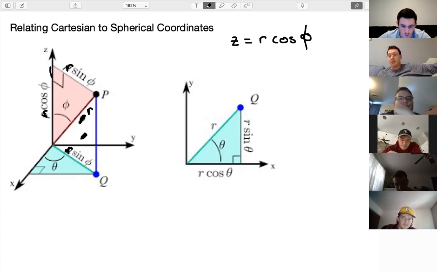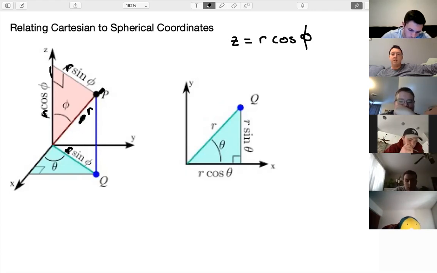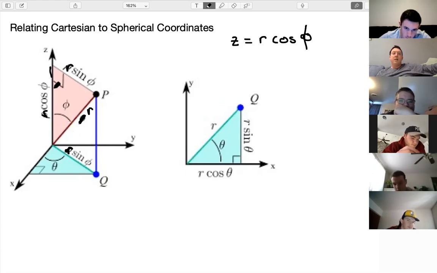I will be consistent though, so I won't change through the semester. r is the radius in spherical coordinates. So we're shooting for a relationship so you can go back and forth between them. So we've got a third of it. If I know r and phi, I can get z because I can read it off of this.